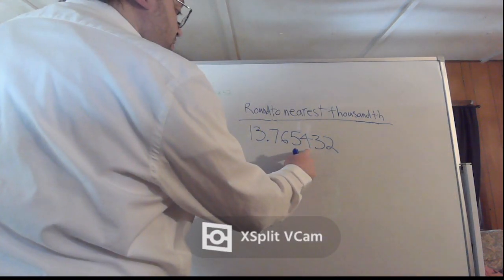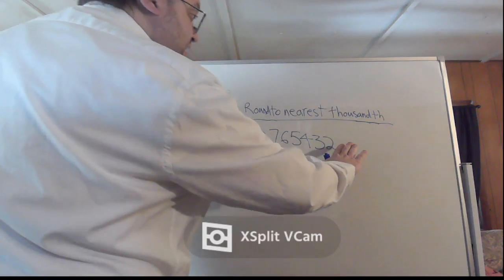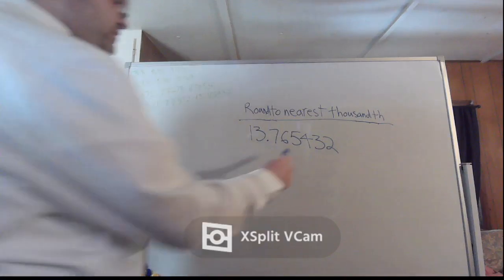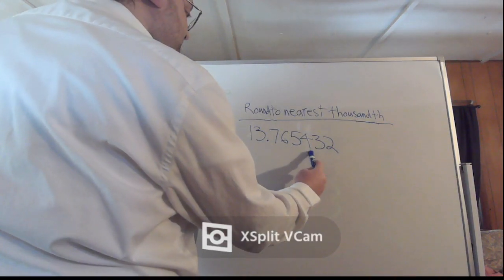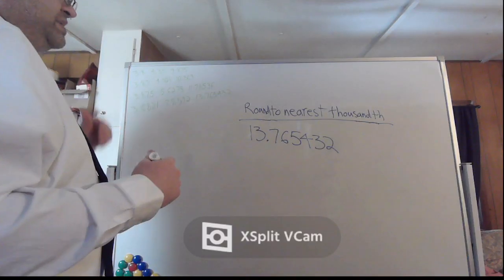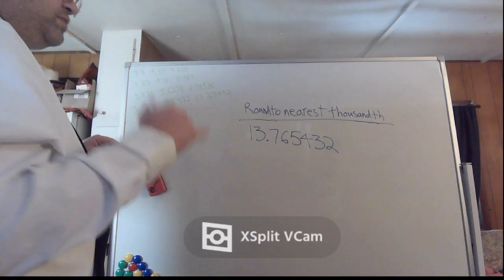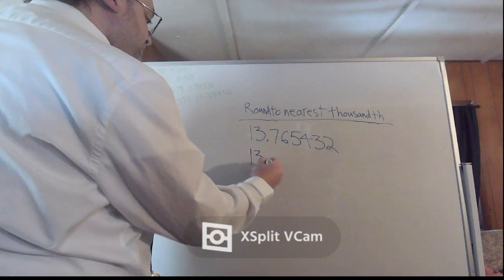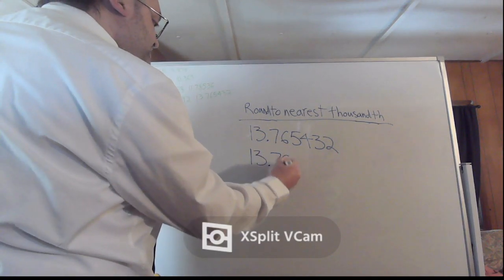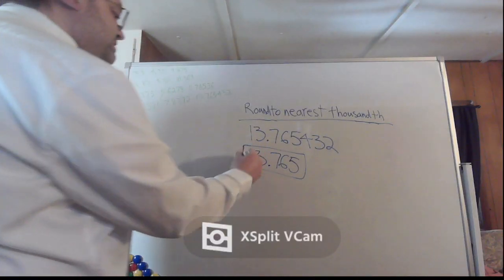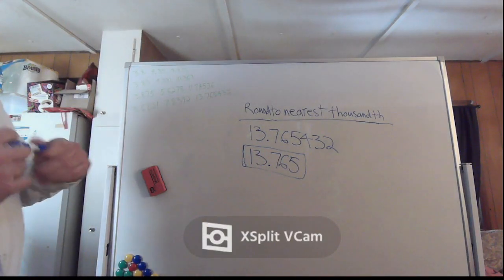That would be a 4. We don't care what's in the 100,000ths or the millionths place. We only focus on what's in the thousandths and in the 10,000ths. Well, since what's in the 10,000ths place is 4 or smaller, we'd round down to the nearest thousandth, which would give you 13.765. And that would be your answer for what this is to the nearest thousandth.